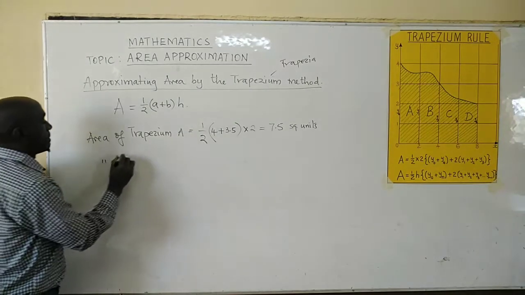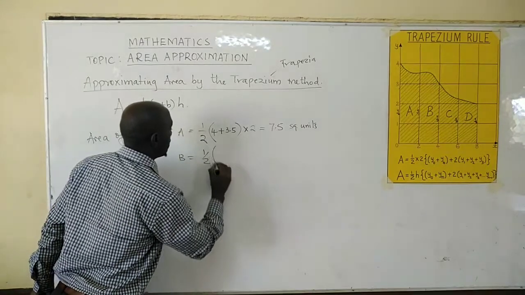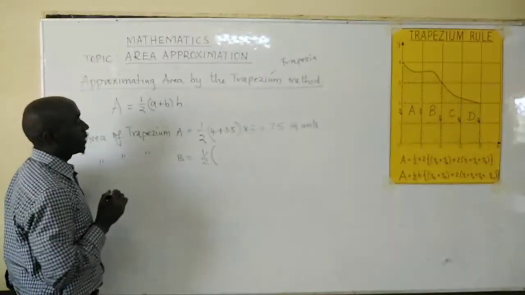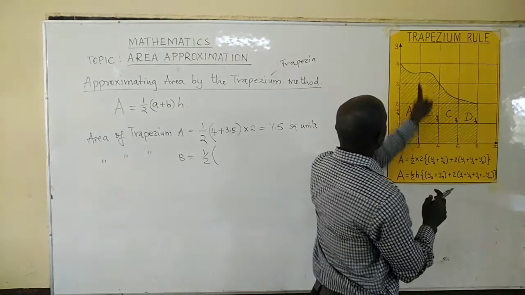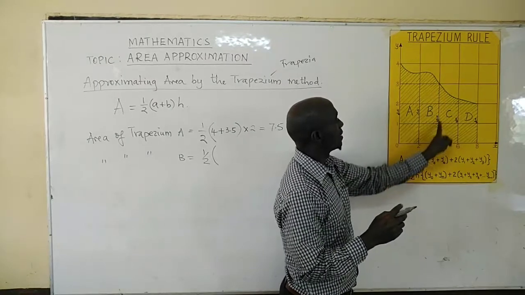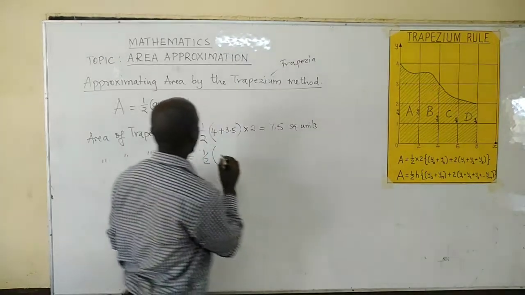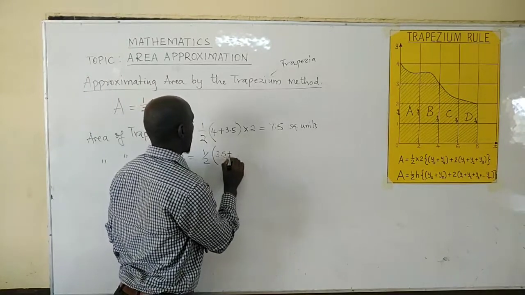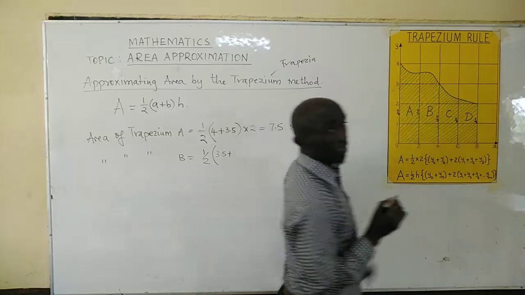Area of trapezium B. The same formula again, a half in brackets A plus B. For trapezium B, this is A, this other length is B. This length is 3.5 plus this other length is 3.0.